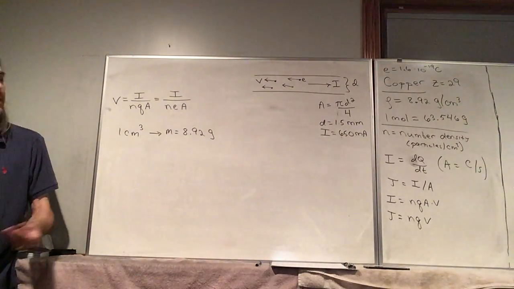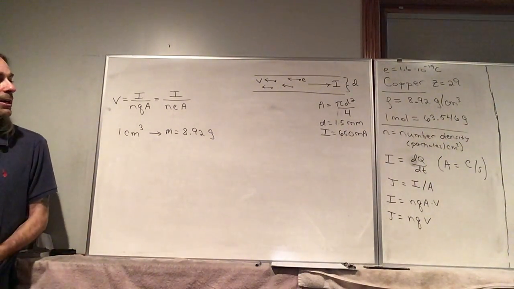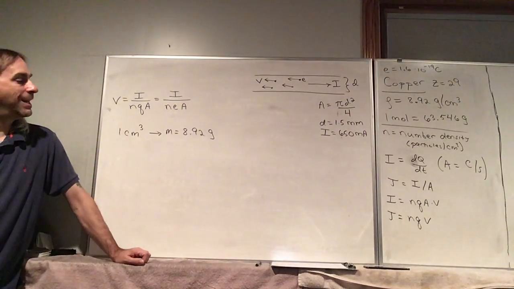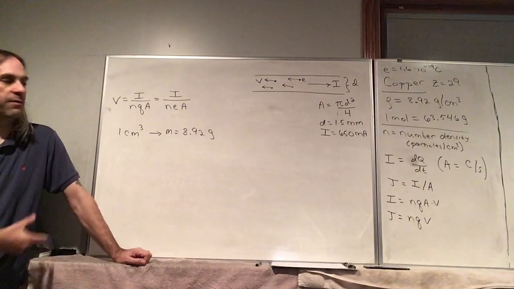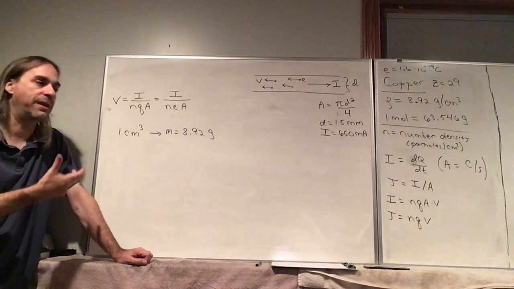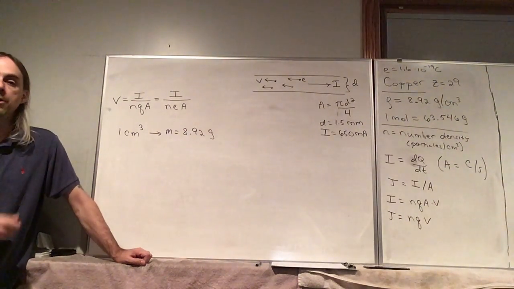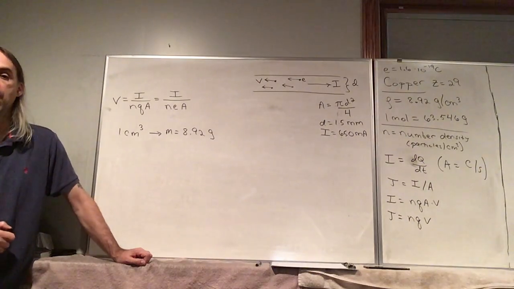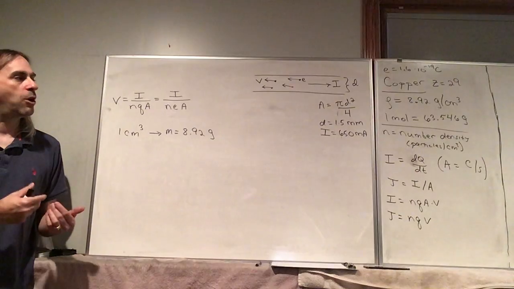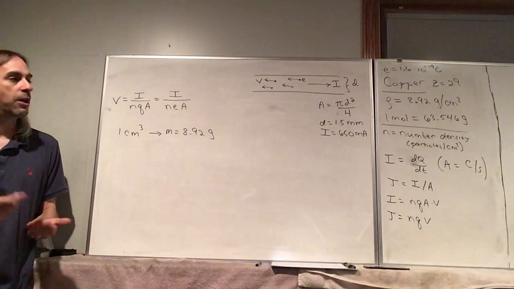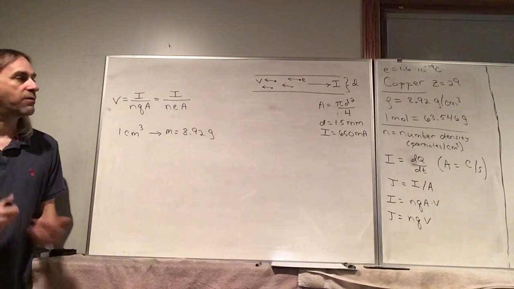So to make life easy, we have 8.92 grams of copper. So how many atoms are there? Because if we know how many atoms there are, each one gives up 1 electron, so we know how many electrons are free to move. They're called conducting electrons or conduction electrons. Those are the ones that are free to move around.